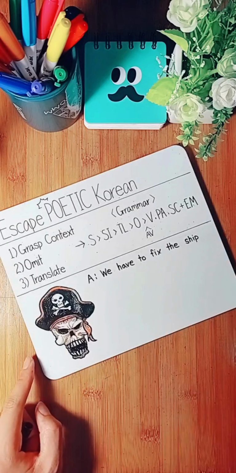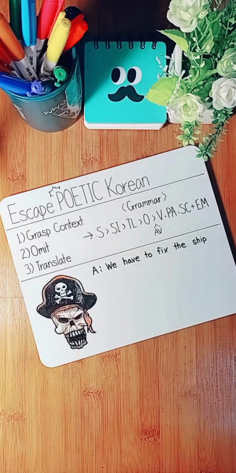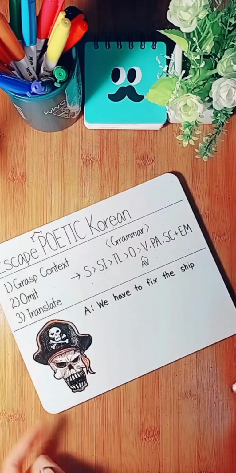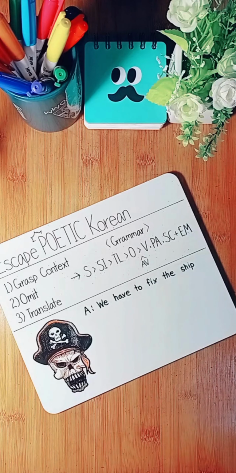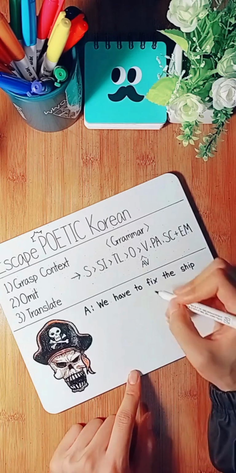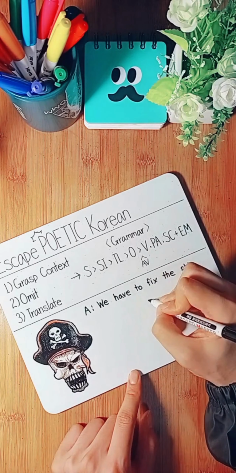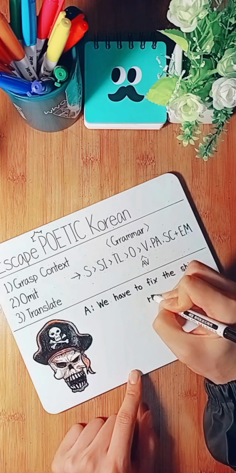We can say right now, but I want A to carry a more imminent, impending, urgent tone. So I'm going to use an adverb that is closer to right this moment, not right now. I want to use a much more urgent version of it. Right this moment.